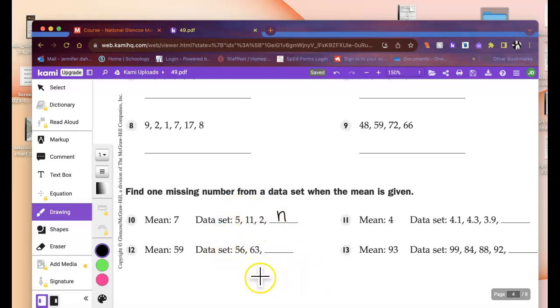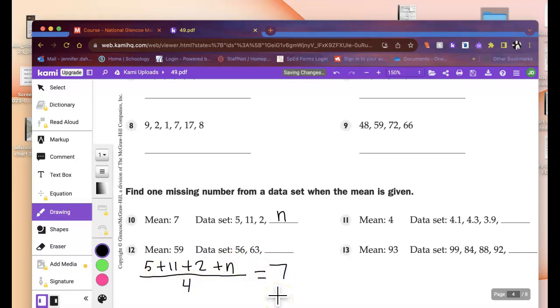So to do these 4 problems, you're going to have to think kind of backwards, like we did in algebra. How do I figure out what that number is? What we did originally is we added numbers together, so I can write it out like this. I don't know the 4th number, but I know it's n, so we can stick n there. I know I divided by 4 because that's how many numbers I had, and then I knew the mean equaled 7.